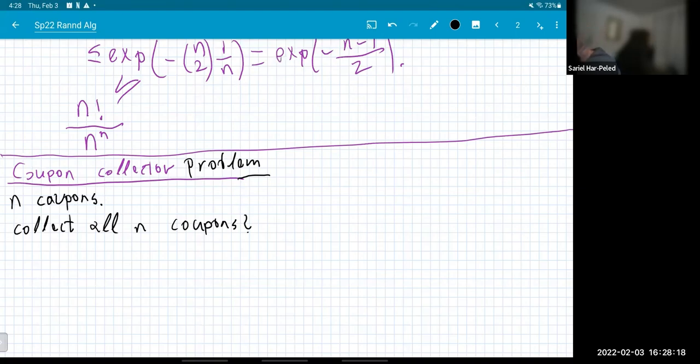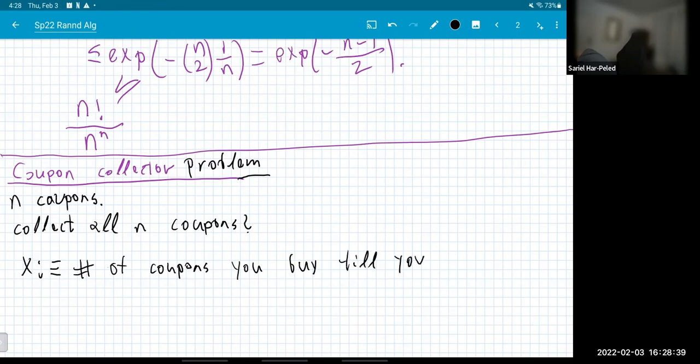So we're going to define a variable Xi, which is going to be the number of coupons you buy till you get the i-th distinct coupon. Okay, so this is not very clearly defined.